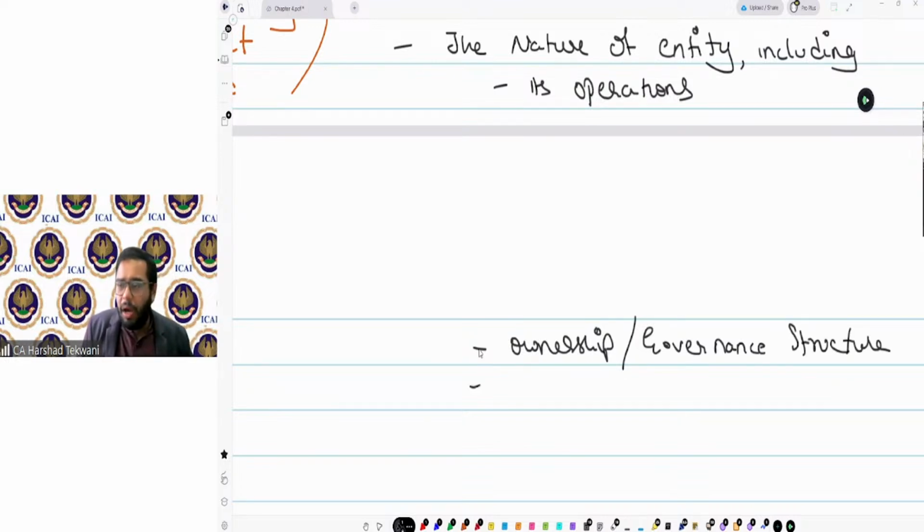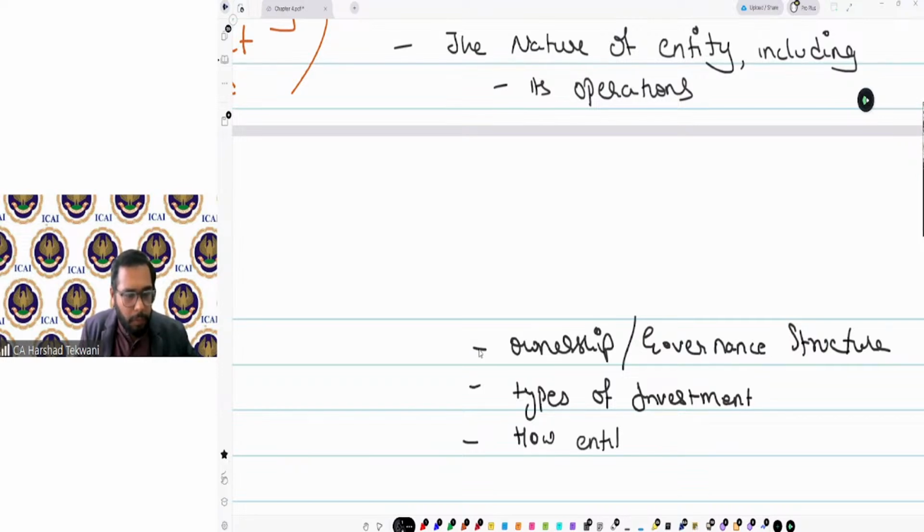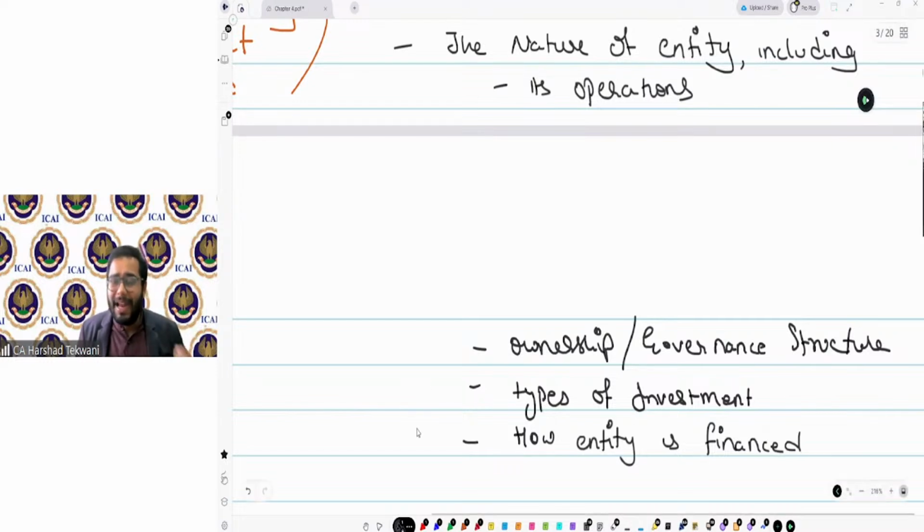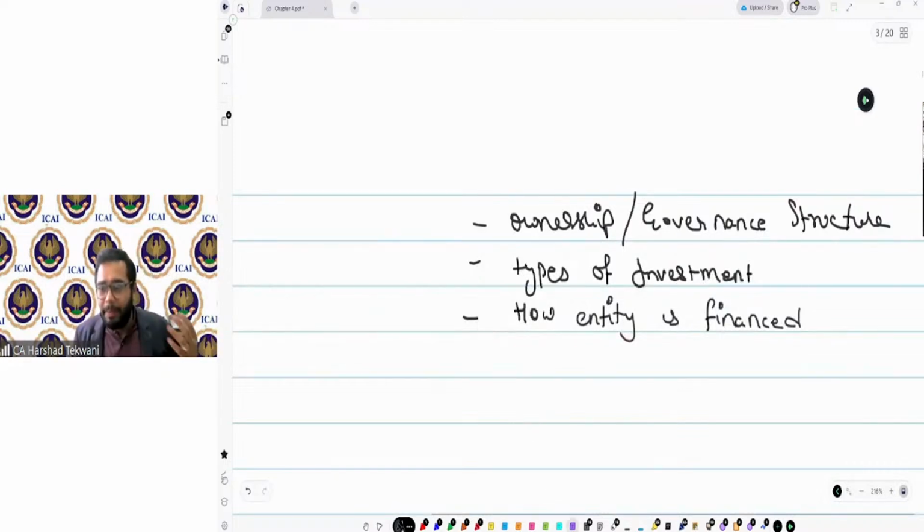Then types of investment that entity is making or plans to make. Then how the entity is financed. Sometimes this helps me understand whether it's a debt driven entity or a listed entity where the public is interested.